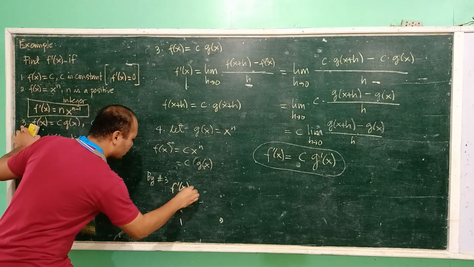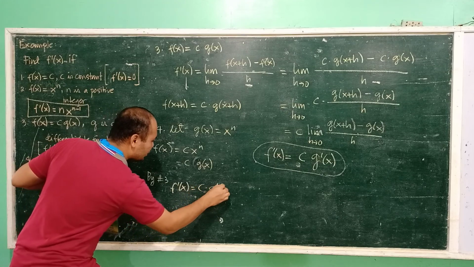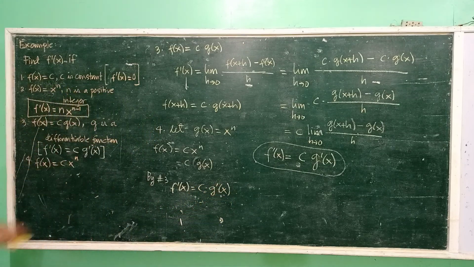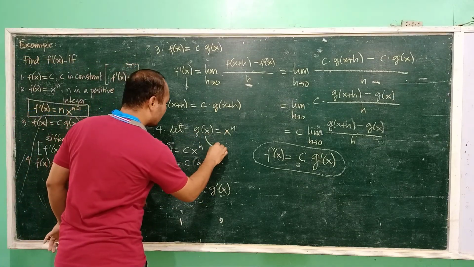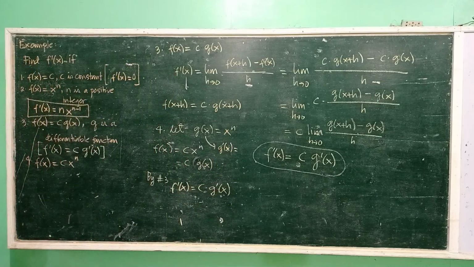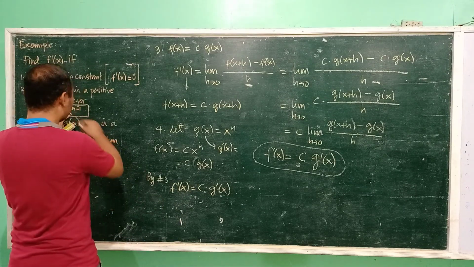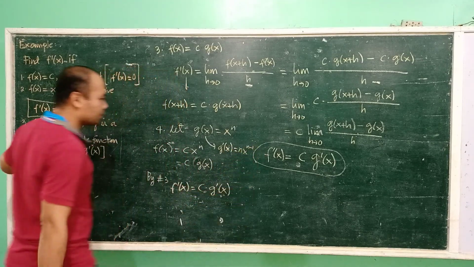By number 3, f prime of x is equal to c times g prime of x. But if this is our g of x, what is g prime of x? We derive it. What is the derivative of x to the n? It is n x to the n minus 1. So g prime of x is just n x to the n minus 1.